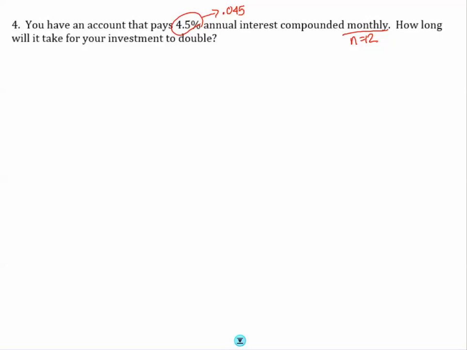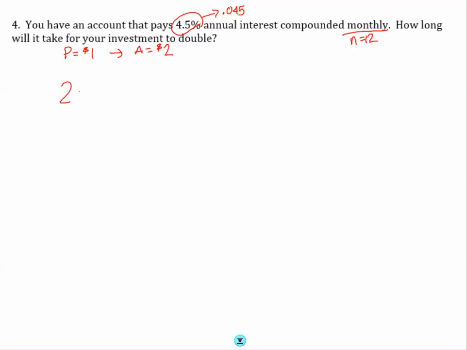So I'm going to assume that I put in $1. And if it doubles, then the final value would be $2. And you can pick any number that you want for this, but using 1 and 2 is the simplest way to do this.